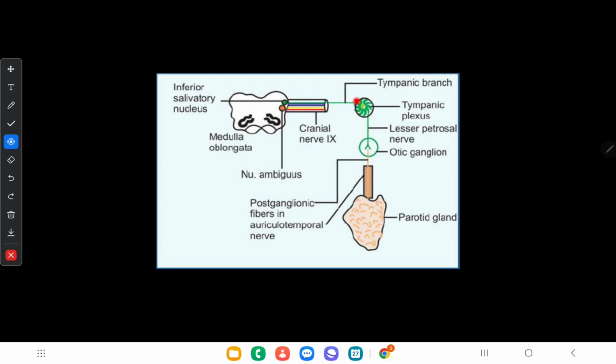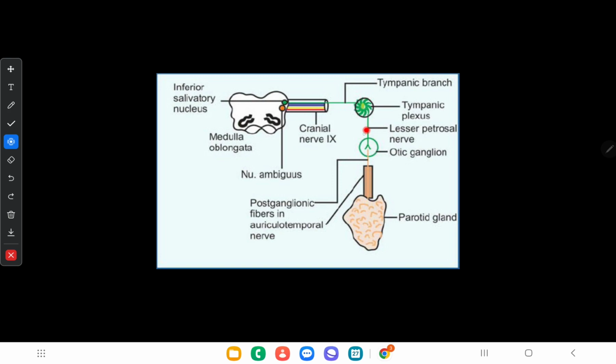Those fibers leave in the tympanic branch, and then it enters into the middle ear. Here it breaks into the tympanic plexus, and then it gives origin to the lesser petrosal nerve. You can see very clearly it gives origin to the lesser petrosal nerve.